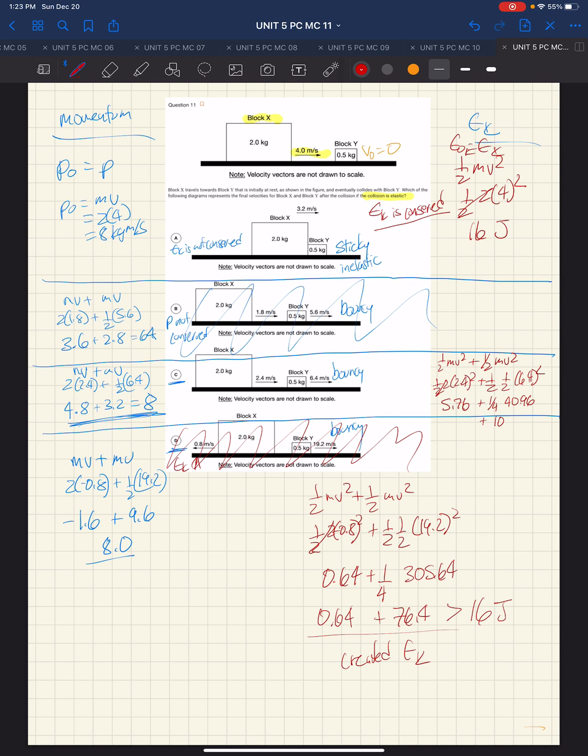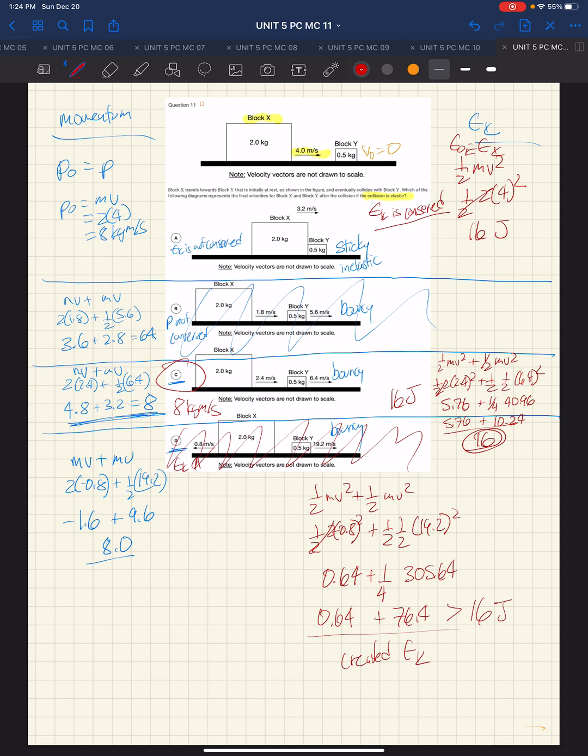That then gives us 10.24 plus 5.76, which is 16. So we see that that's the case. We have 16 joules and 8 kilogram meters per second. So we are clearly showing that choice C is the best answer in this case.